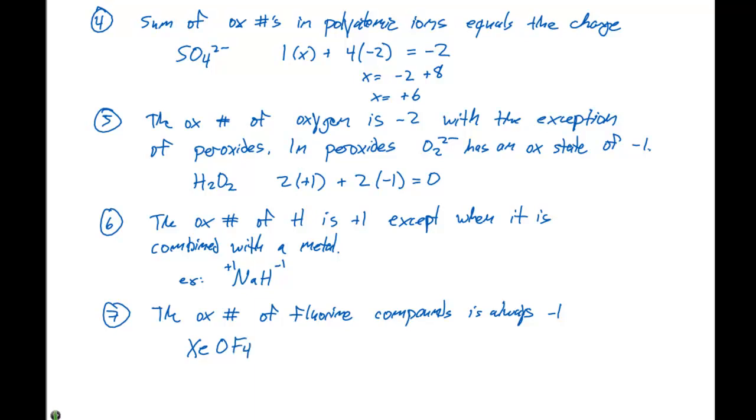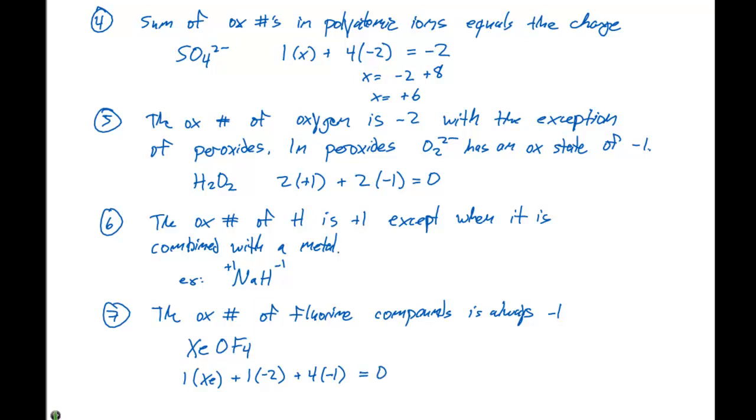So in our particular complex right here, we would want to determine what the oxidation number of xenon would be. In this case, we have 1 times the oxidation number of xenon plus 1 times the oxidation number of oxygen, which would be -2, plus 4 times the oxidation number of fluorine, which is -1.